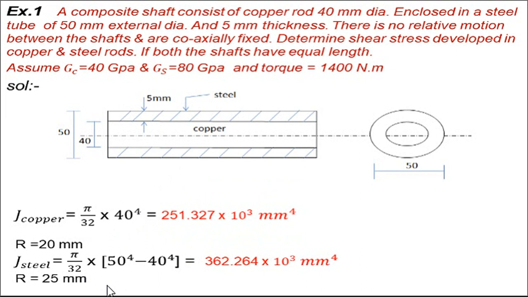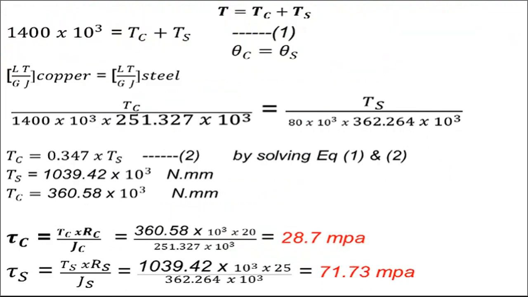The radius of the outer shaft is 25 mm. As we know, the total torque applied to the composite section is a summation of the torque applied to the copper and the torque applied to the steel tube.